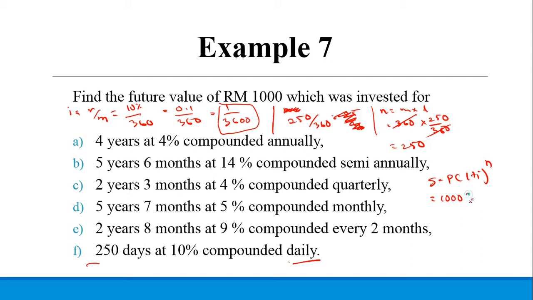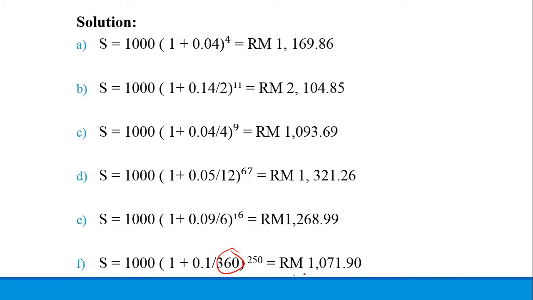P is 1000, 1 plus I is 1 plus 1 over 3600, and n is 250. So you get 1071.90.